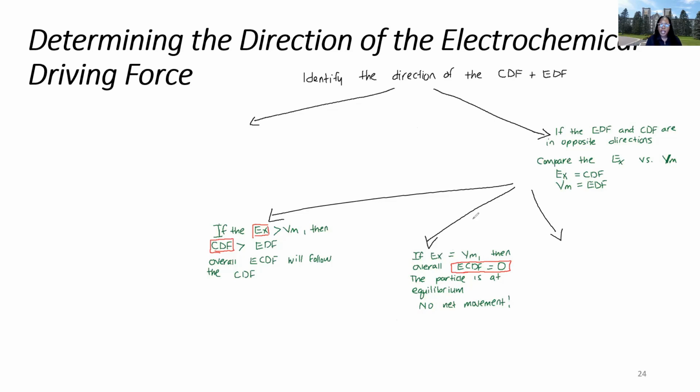The third scenario is the opposite of the first. If the membrane potential is greater than the equilibrium potential, then we know that the electrical driving force is going to be the greater force, and so the particle is going to move in the direction of the electrical driving force.